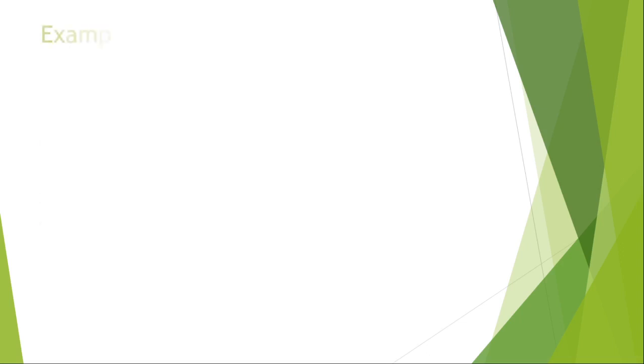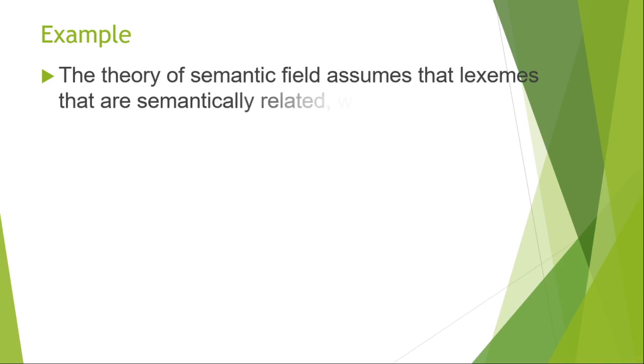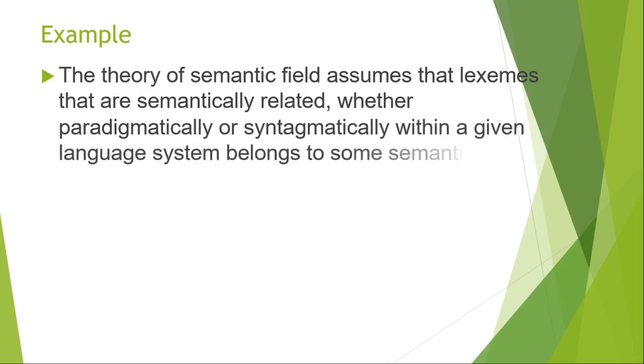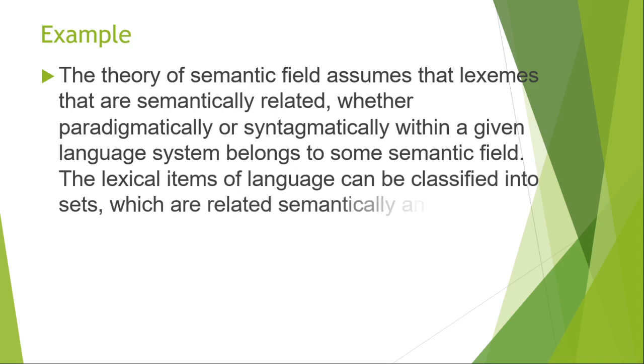Now, example. The theory of semantic field assumes that lexemes that are semantically related, whether paradigmatically, the vertical choice in words, or syntagmatically, the horizontal relation between words, within a language system belong to the same semantic field. The lexical items of a language can be classified into sets which are related semantically and divide up the semantic field in various ways.